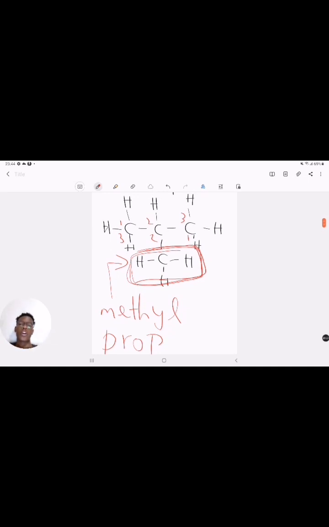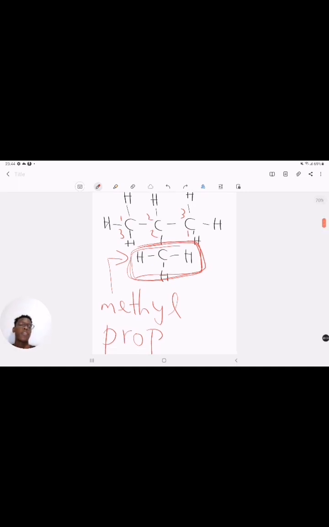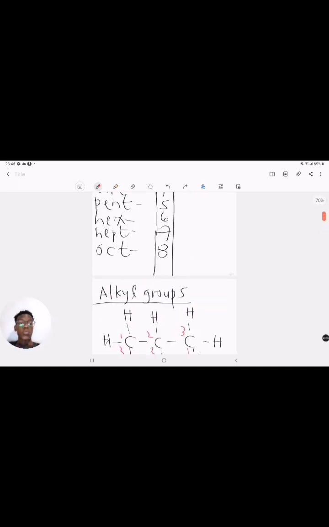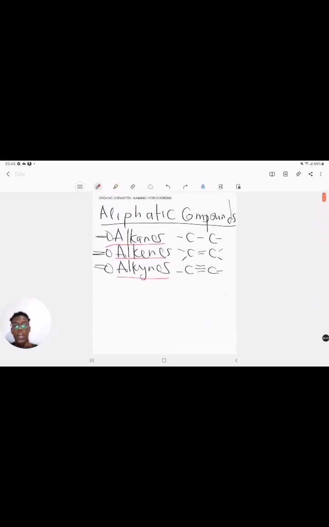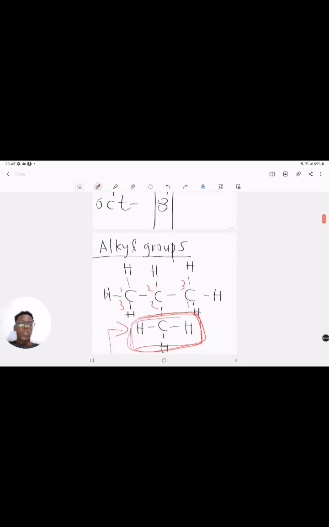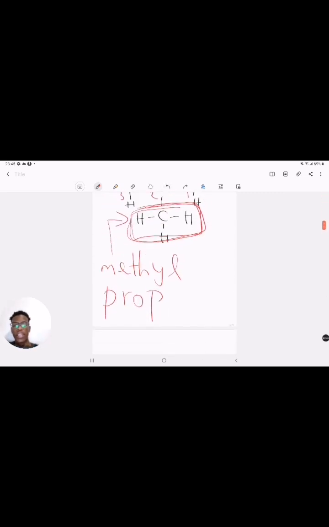It's a single bond. There's no double bond anywhere, and no triple bond anywhere. So if it's a single bond, then we've got an alkane, and this compound is propane.